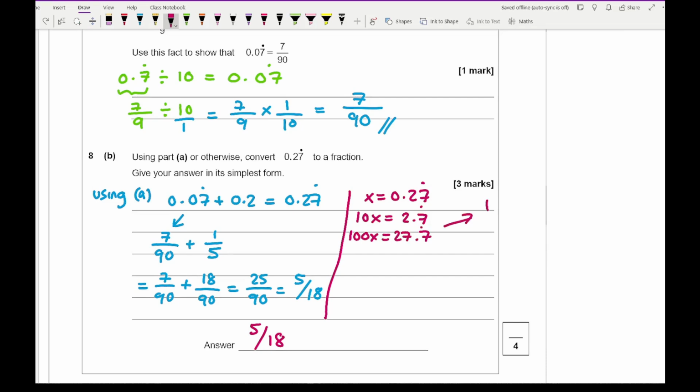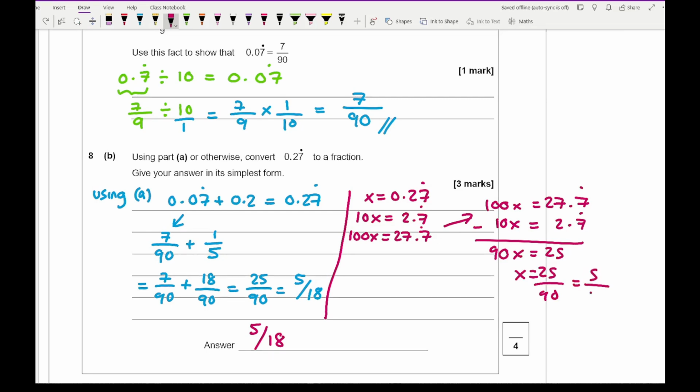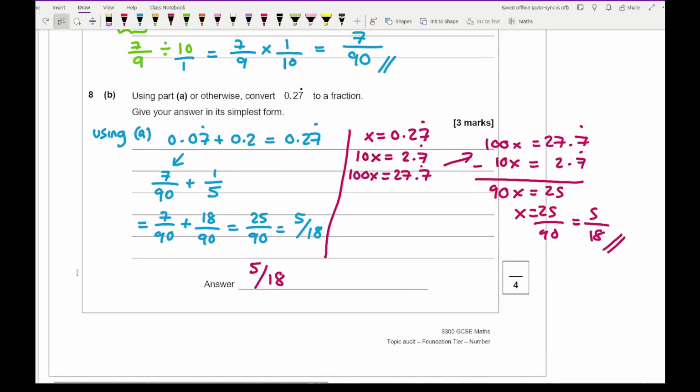Then from this I get 100x equals 27.7 recurring, 10x equals 2.7 recurring. Take the two things away and end up with 90x equals 25. So x equals 25 over 90, which simplifies to give me 5 over 18, which is my correct answer. And the same answer. That's two ways of answering that one question.